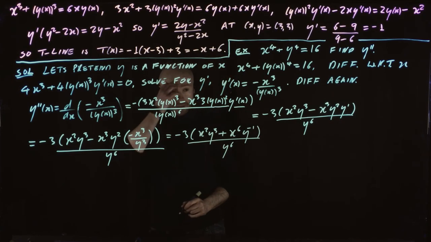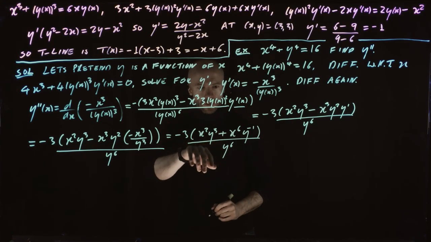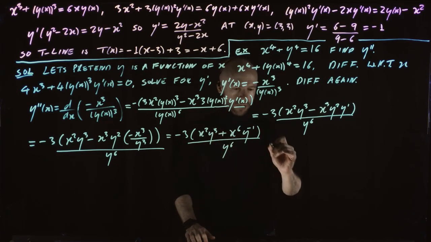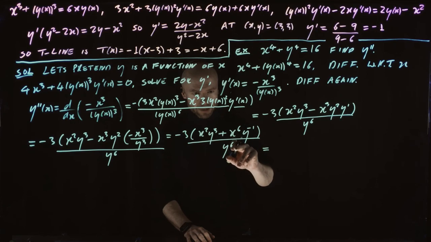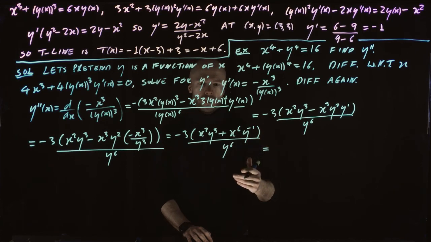Now, I don't like this y to the minus 1 because I actually just want positive powers here on the numerator. So I'm going to bring this guy down here, because x to the 6, y to the minus 1 divided by y to the 6 is x to the 6 over y to the 7. But to have the same denominator, I'm going to have to increase the power here from 3 to 4.